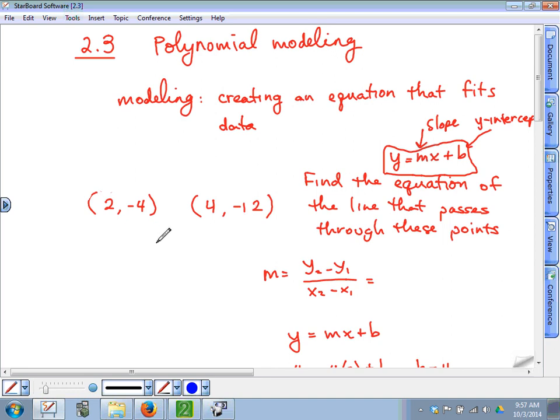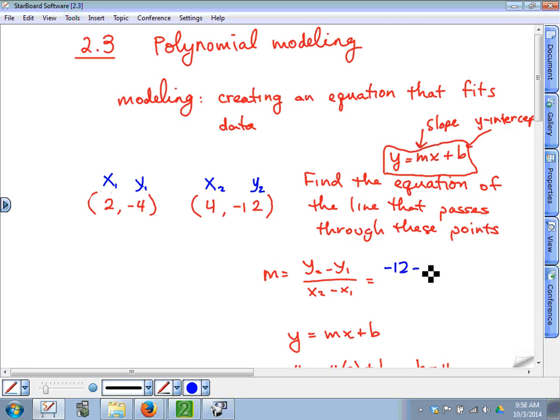Which one's which? Is this an x or a y? What about this one here, x or y? This one then must be a y, and this one must be a y. Now since this is the first point that I have listed, I'm just going to call that one x1 and y1. This then would be x2 and y2.